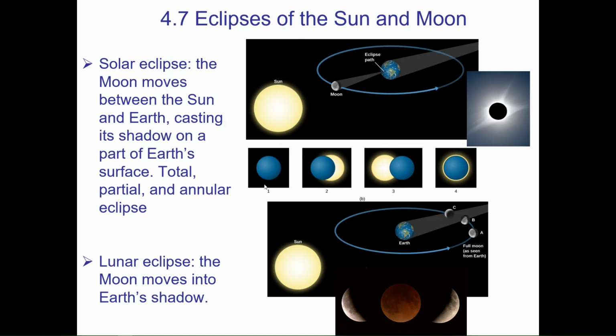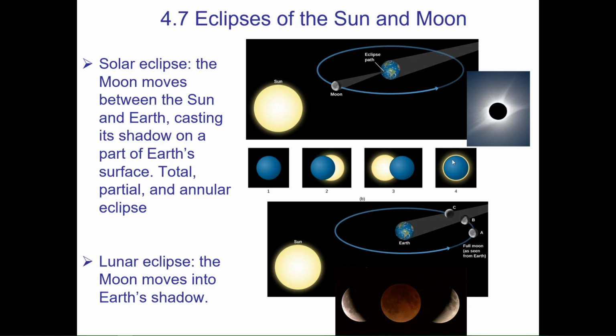And there's also a third type of solar eclipse. We call it the annular eclipse. An annular eclipse is when the moon is not able to cover the entire disk of the sun. It still leaves a very thin ring of the sun. This is because the distance between the Earth and the moon is also not constant.